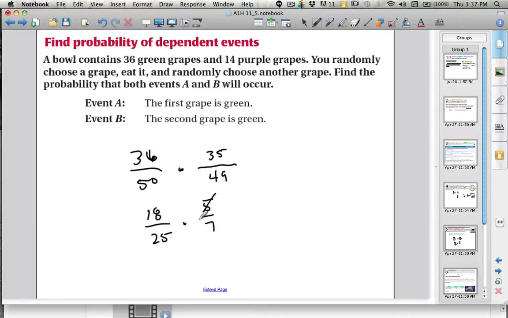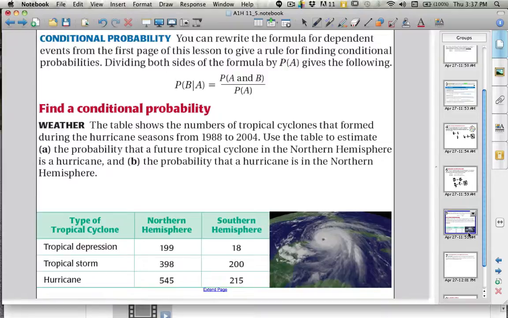When I multiply them, the 5 goes into 25 5 times, and I get 18/35 is the probability that I will select a green grape followed by a green grape. So when I calculated B given that A had happened, I had one less green grape and one less total grapes. Okay, continuing on with these examples.